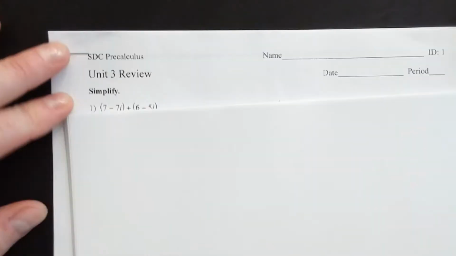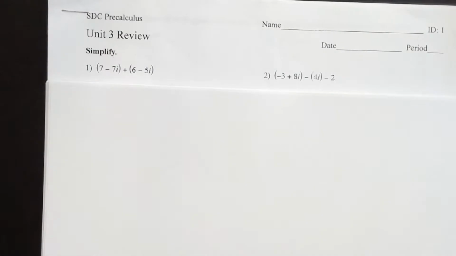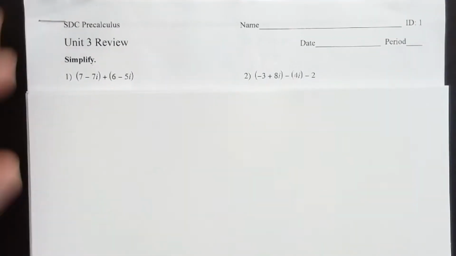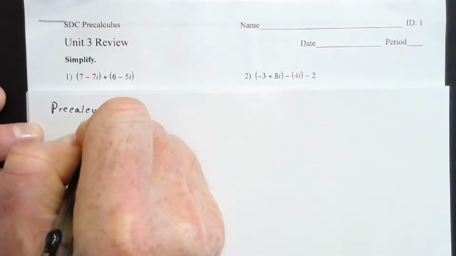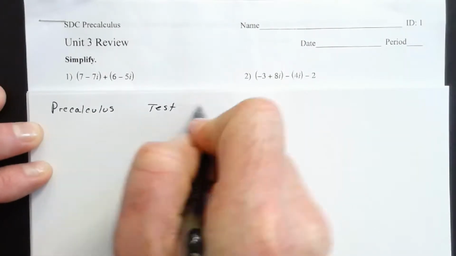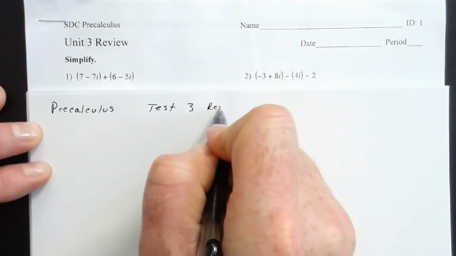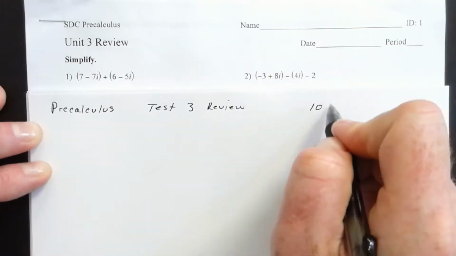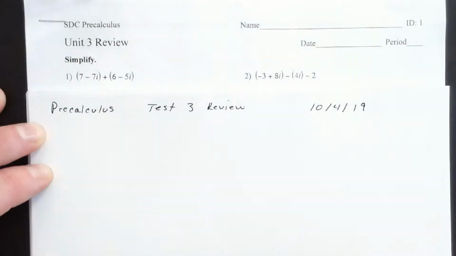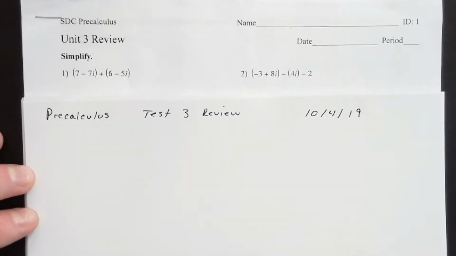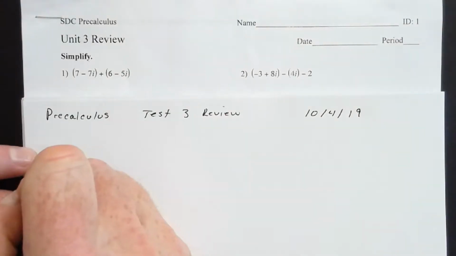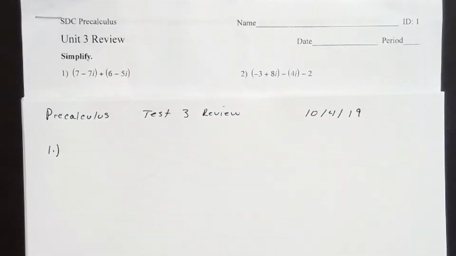So today we're going to begin the Unit 3 test review. Question number 1 is dealing with what kind of numbers?